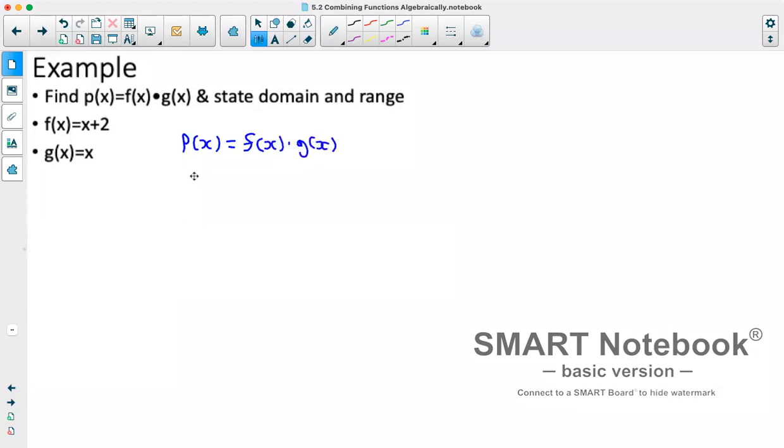So substitute in our whole function f of x, so that's x plus 2. I'm putting it in brackets because I want to make sure I multiply this entire thing by g of x, so times x. We'll multiply this out. So p of x is equal to x squared plus 2x.